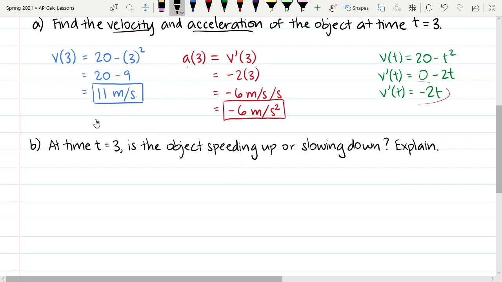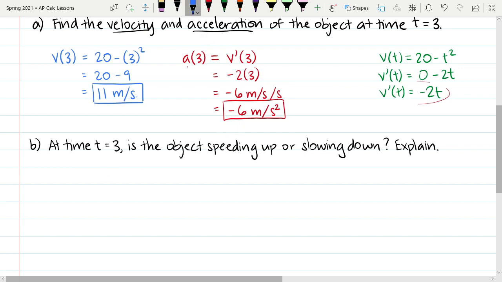So in this particular instance, notice that velocity at time 3 is positive, but the acceleration at time 3 is negative. When velocity and acceleration have opposite signs at the same time, it means that the speed of the object is slowing down.